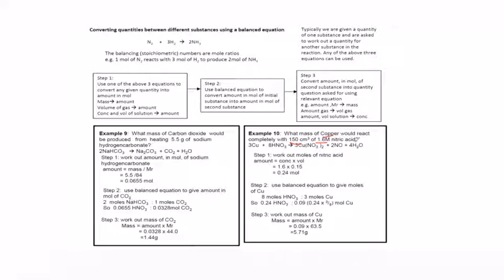So we will first find the moles of this acid, nitric acid. Moles of nitric acid is concentration multiplied by volume. Concentration is 1.6 and the volume is 150 cm cube, but it should be in dm cube, so it will be 150 divided by 1000.